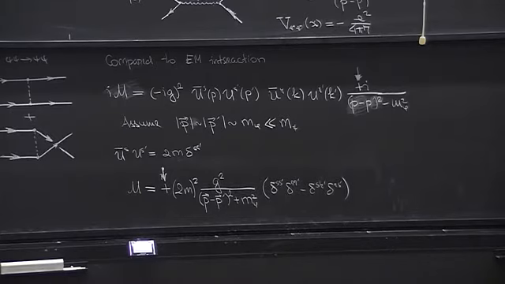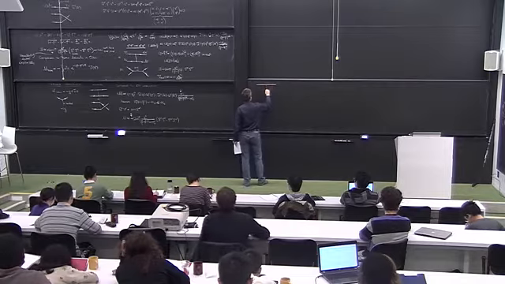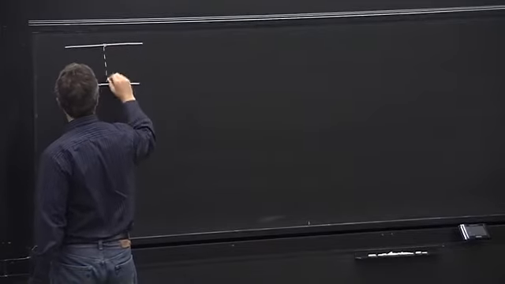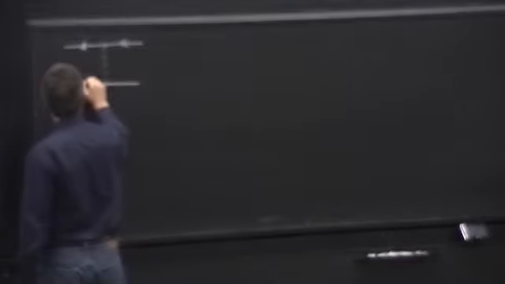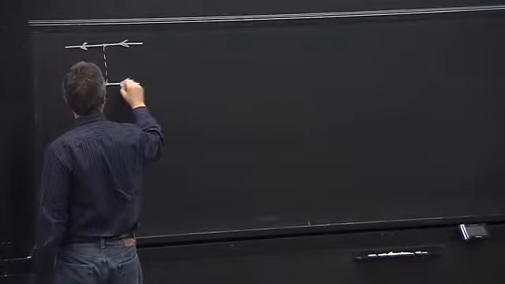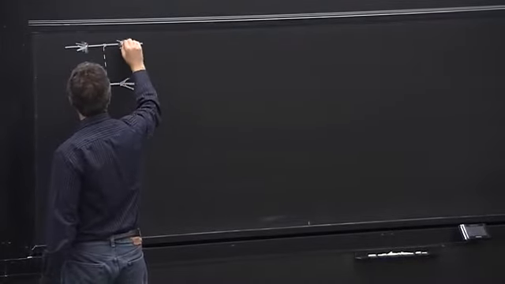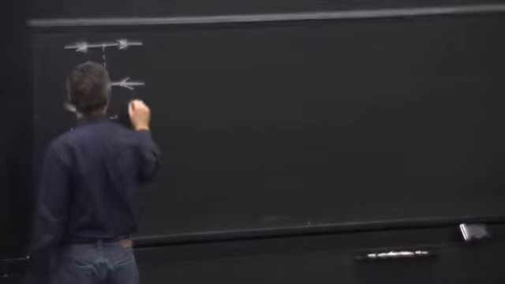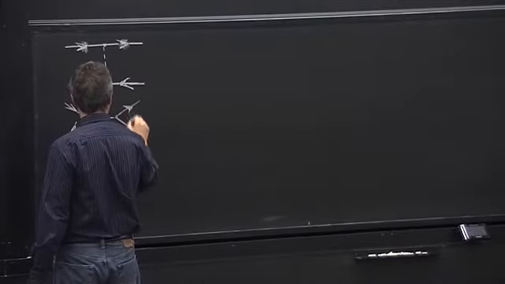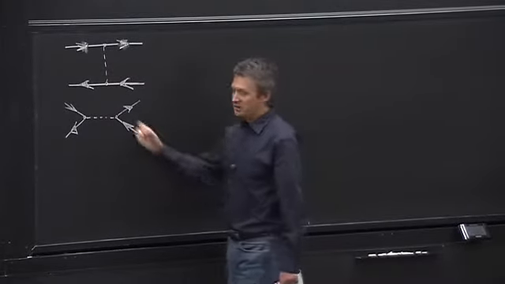Now if we consider the scattering of opposite charges, well, this arrow should go. So again, this diagram is very small.